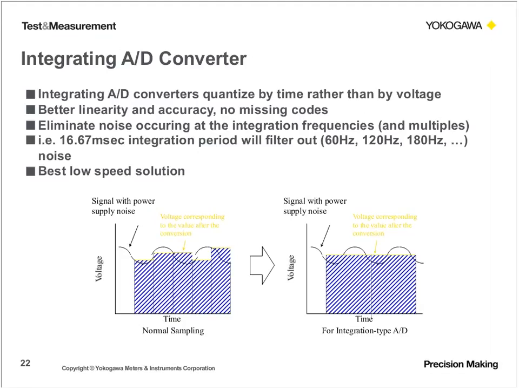What the industry likes to use is what's called sigma delta or delta sigma converters. The way to eliminate the noise at these specific harmonics, for 60 hertz, your second order harmonic would be 120 hertz, and your third order would be 180 hertz, we employ what's called an integration method.